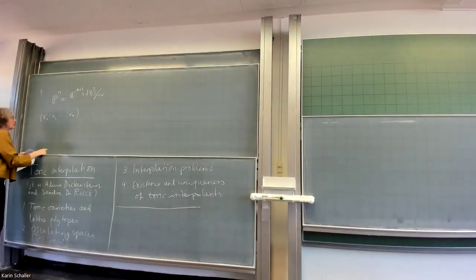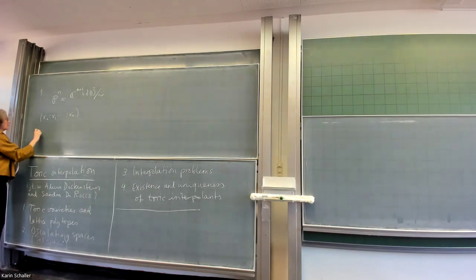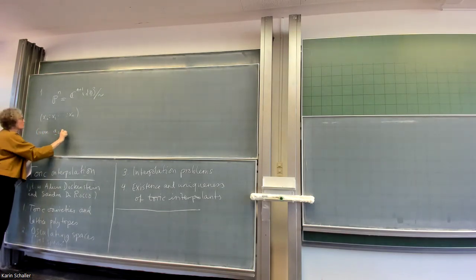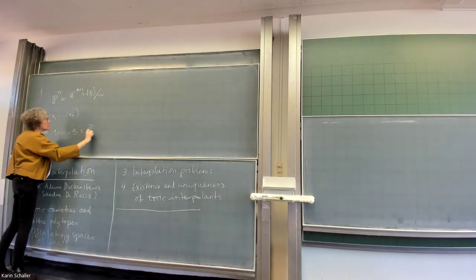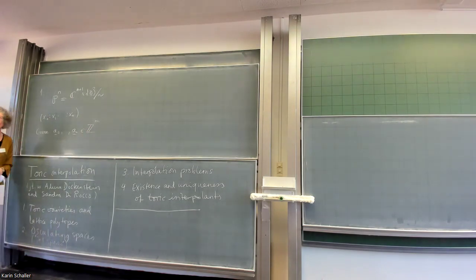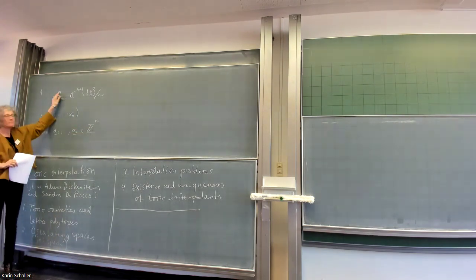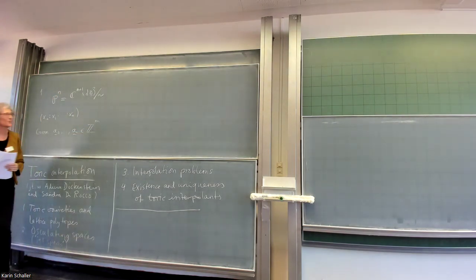But now, suppose I'm given n plus 1 lattice points in Z^m. So m is smaller than or equal to n.